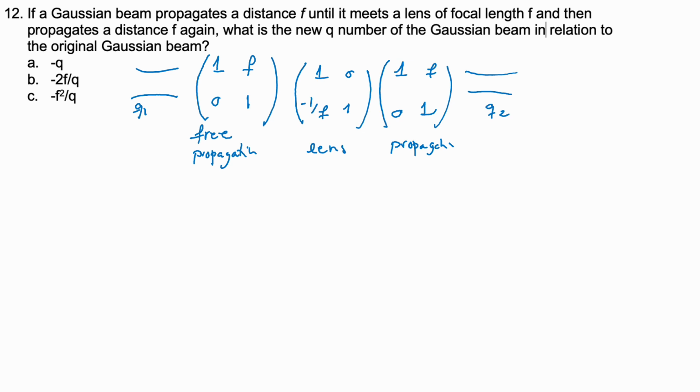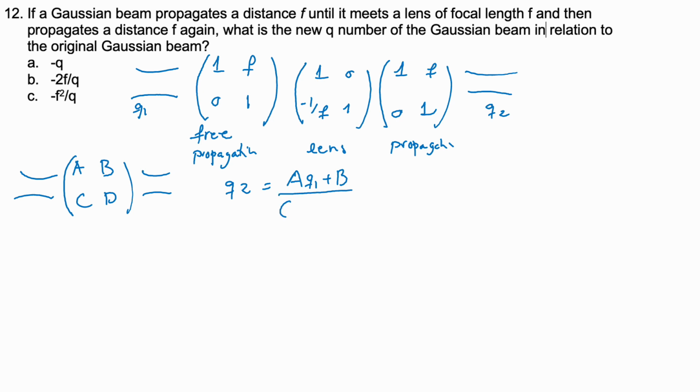So we know that if this is my input, whatever system I have, and this is going to be my output, the new q value is going to be (A q1 + B) divided by (C q1 + D). So we need to find the ABCD matrix of the system.